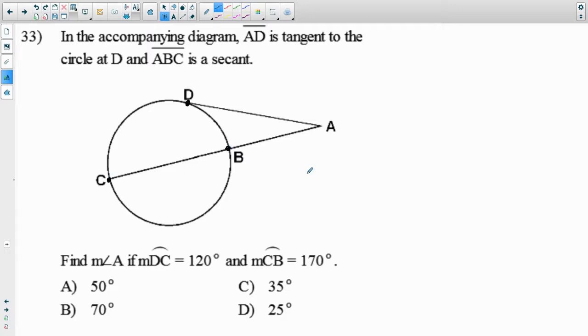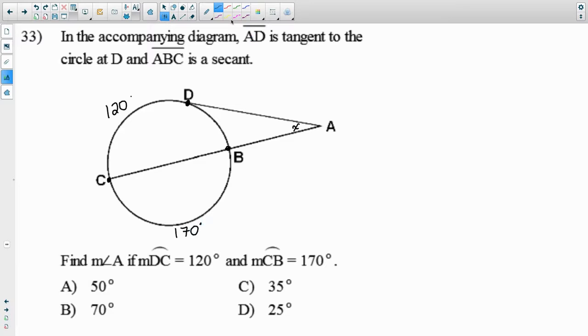Find the measure of angle A. I'll put a little x in there since we've been doing that a lot. If the measure of arc DC is 120, okay, DC is 120. The measure of arc CB is 170. And that's all the information they give us.